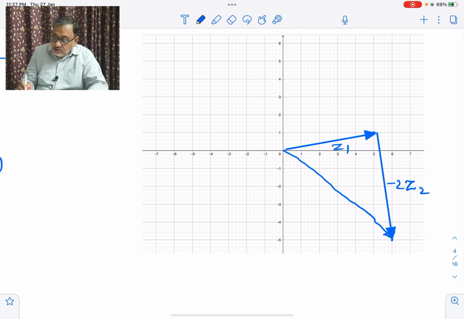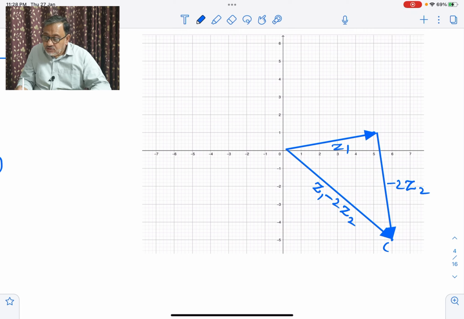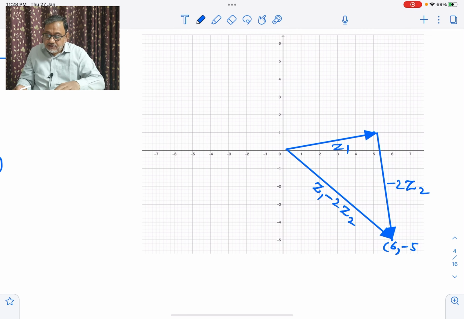Here is our final position. So this arrow is representing z1 minus 2z2. I hope you understood this, and here the point is 6 comma negative 5.